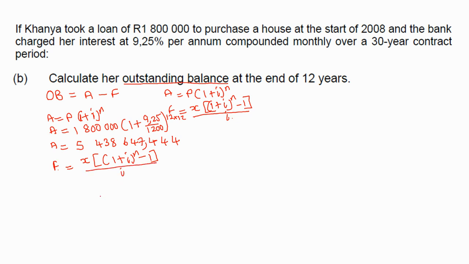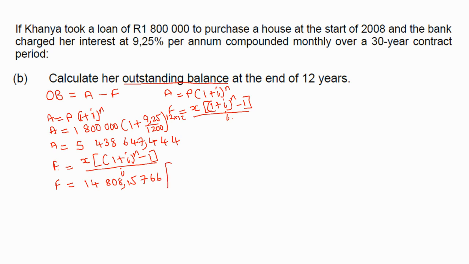Now remember we calculated our x in question 3A, and we got that our x, which was the monthly installment, was 14,808.15766. Let's not round off, so we use it as it is. The x we got from 3A is 14,808.15766.